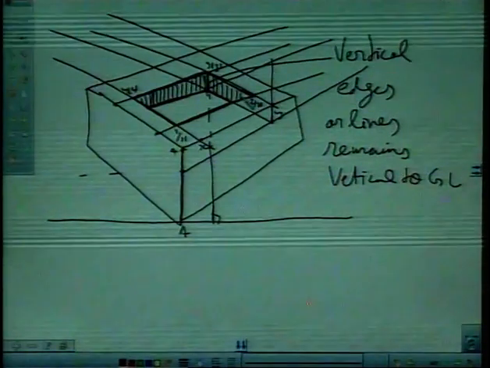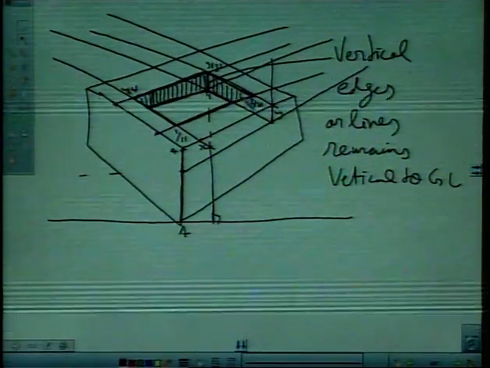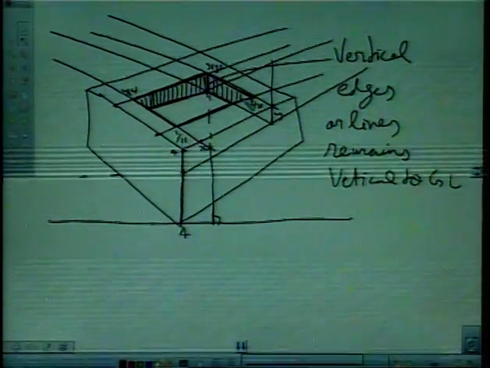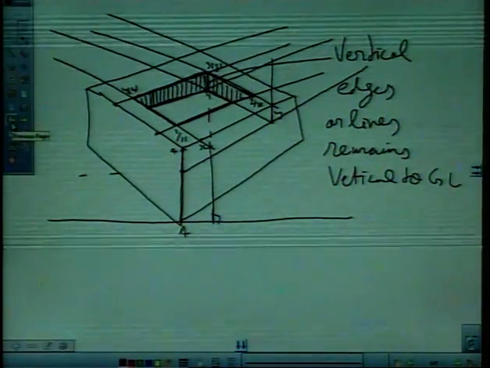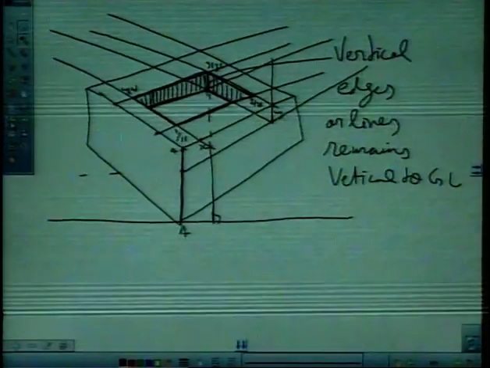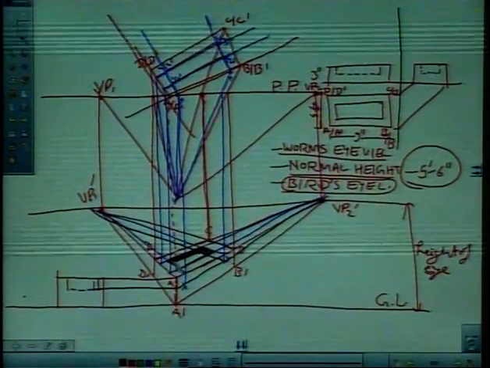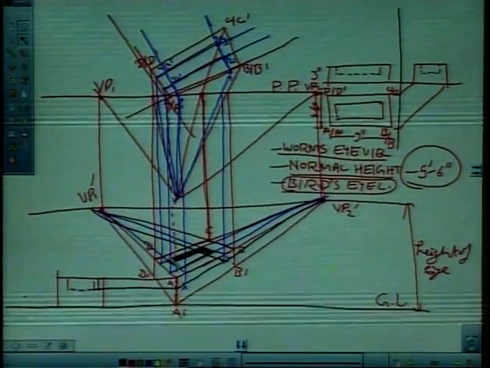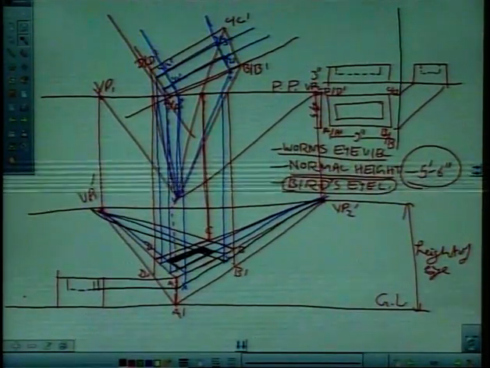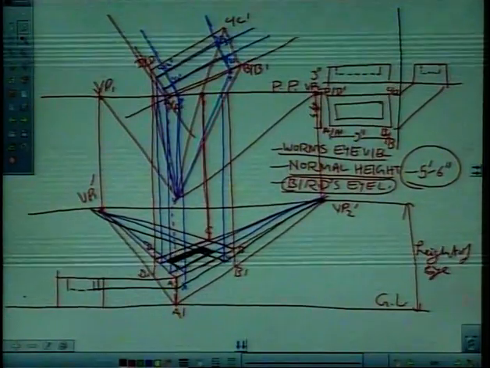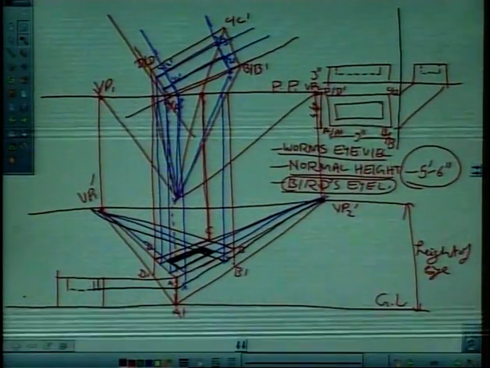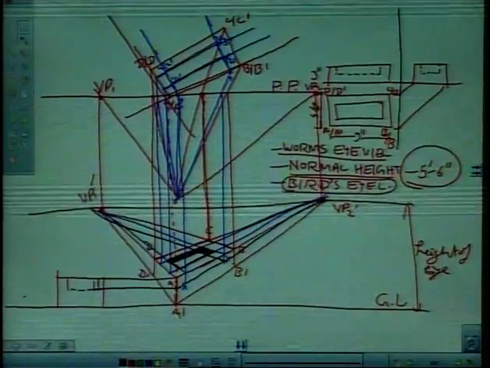This will give me the depth of the brick, right? I hope you understand this, right? So this way I have completed my perspective of a brick. I think it is clear to you. We can take one more example.